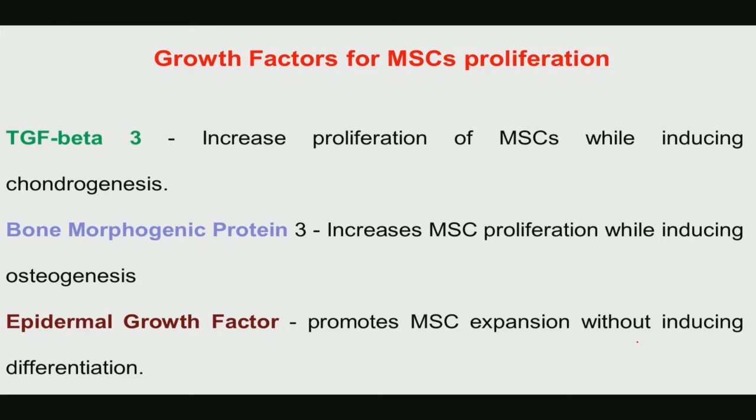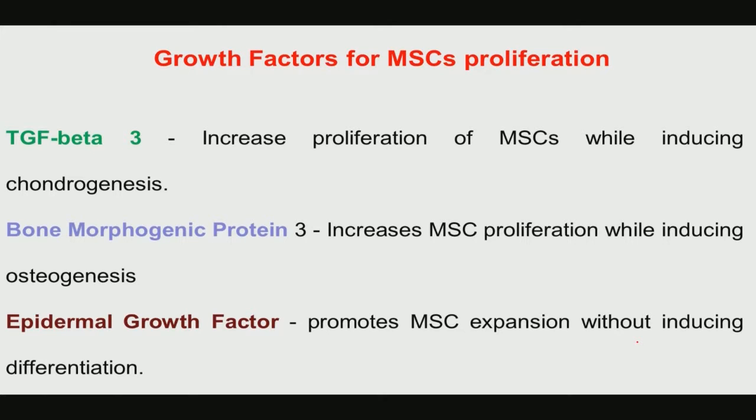These growth factors are available in large numbers, and it is not possible to cover so many growth factors in this course. Therefore, I try to restrict the discussion to three examples. One is transforming growth factor beta 3, that is TGF beta 3.